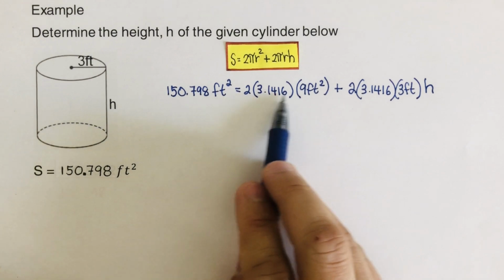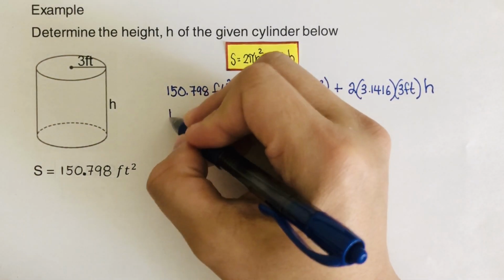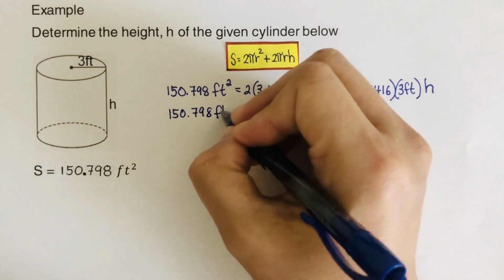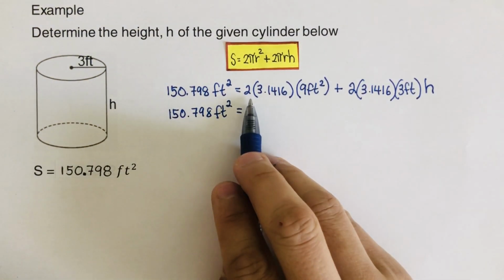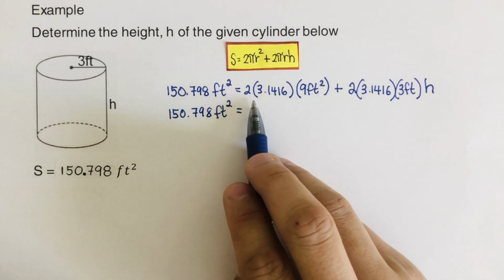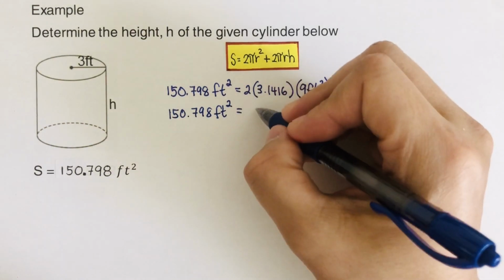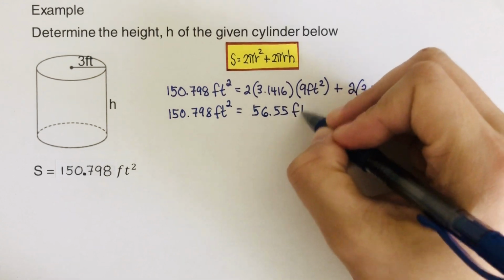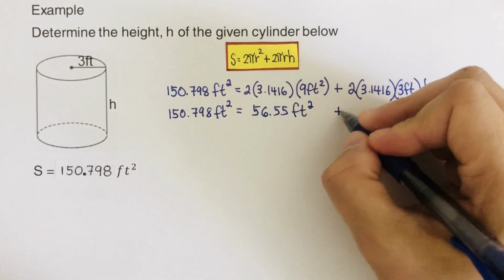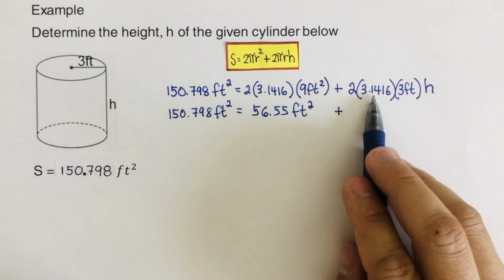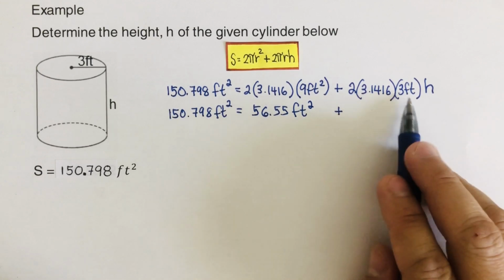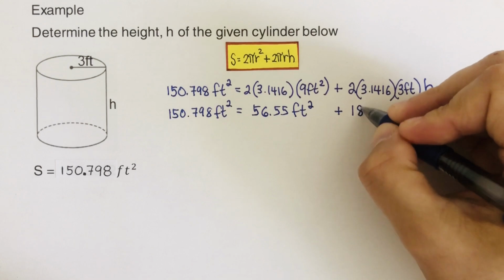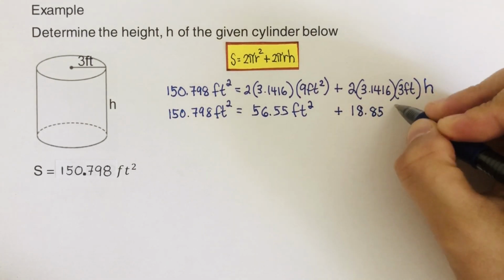Now let's simplify this part right here. So we still have 150.798 feet squared is equal to, when we multiply these 3 together, that would come out 56.55 feet squared, and then plus, we're multiplying 2 times 3.1416 times 3 feet, and that would come out 18.85 feet.